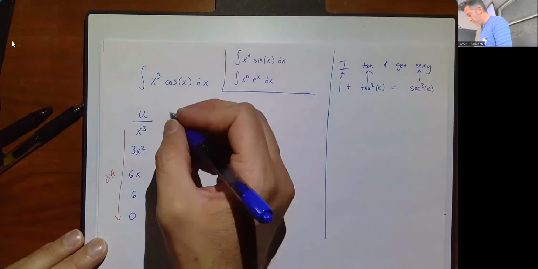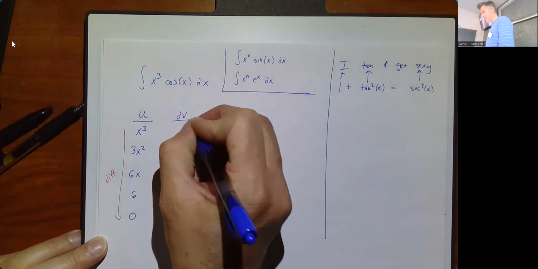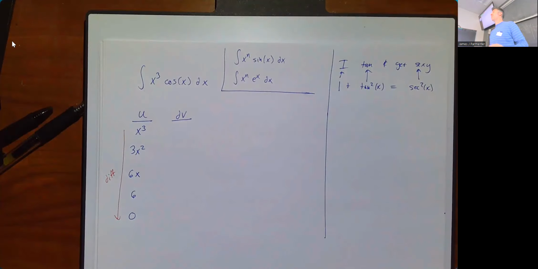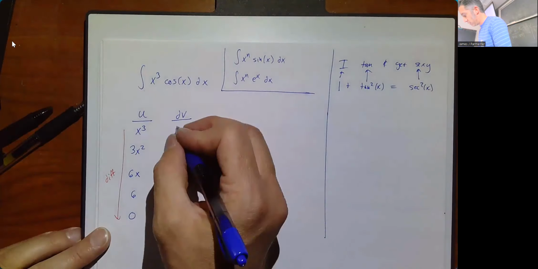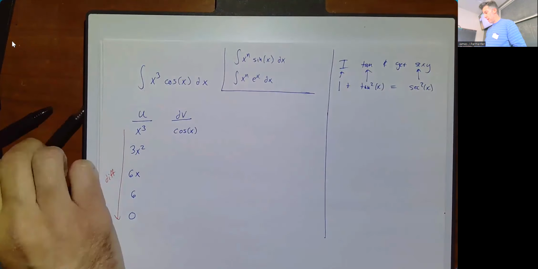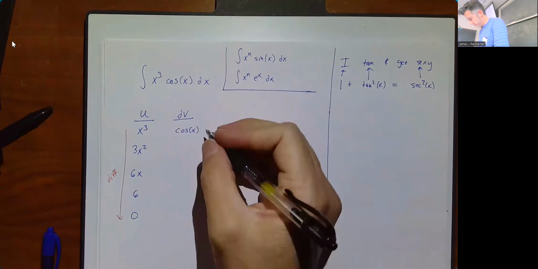In the other column are dv. Well, dv is easy. It's just cosine of x times dx. Now, I'm not going to write the dx part because we typically don't when doing this method called tabular integration, because we're just using a table. So in the other direction, antiderivatives.